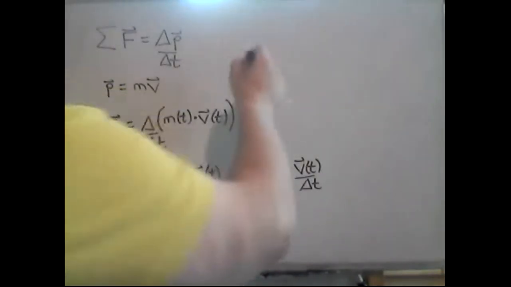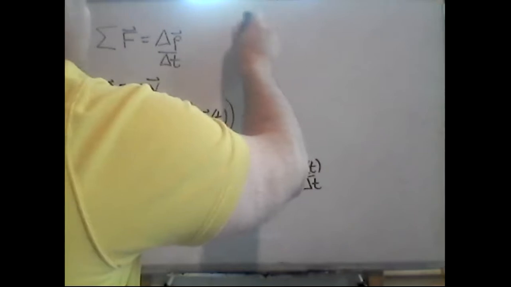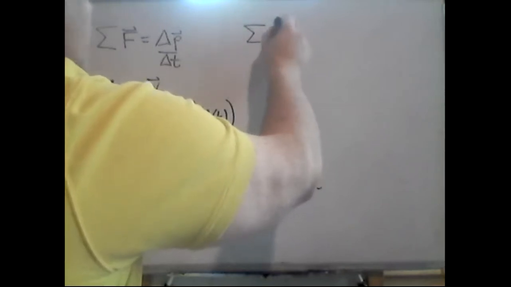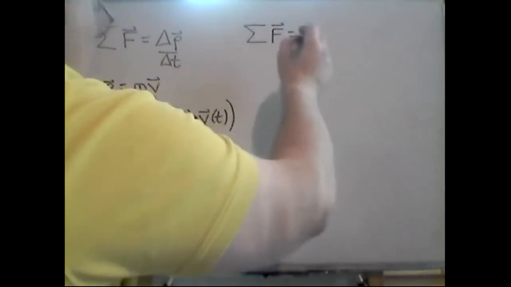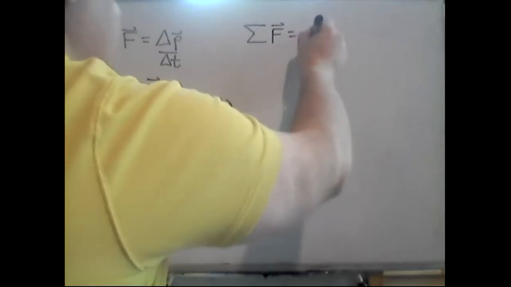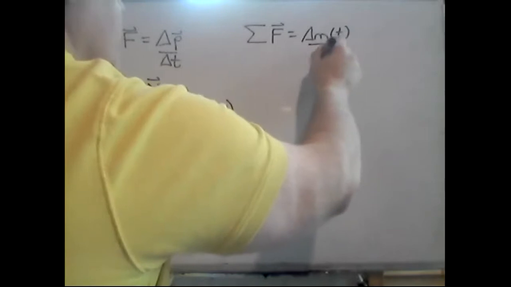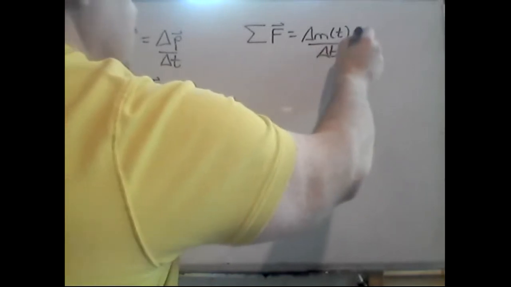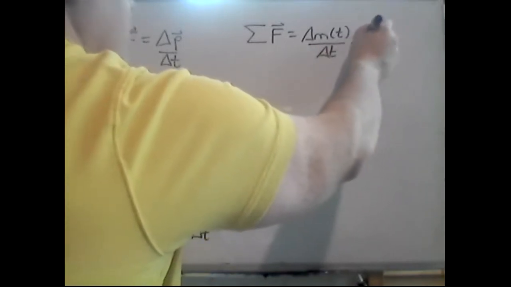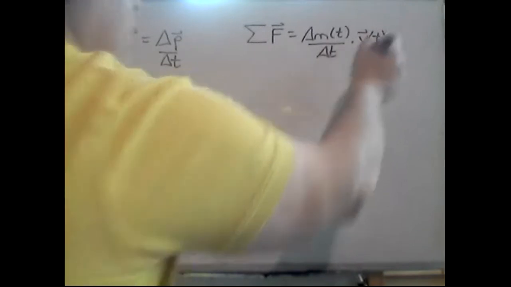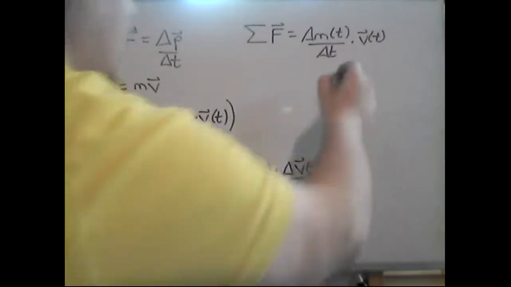So I'm going to continue up here. So what do I have now for Newton's second law? I have the summation of all forces is the time rate of change of the mass. Leave the velocity alone. Plus ma.